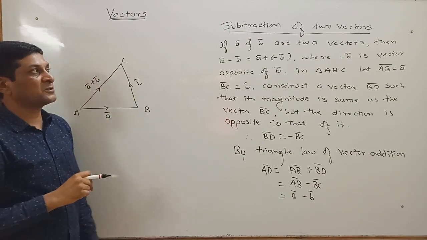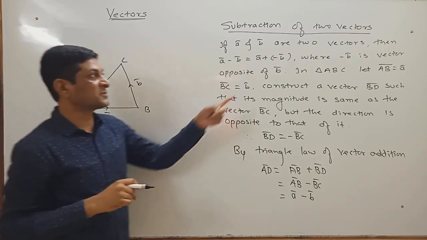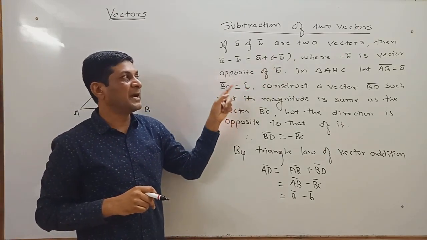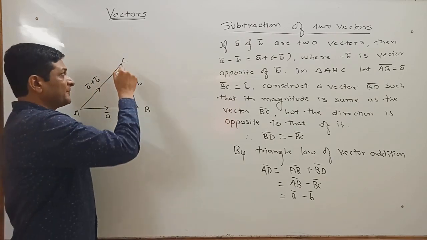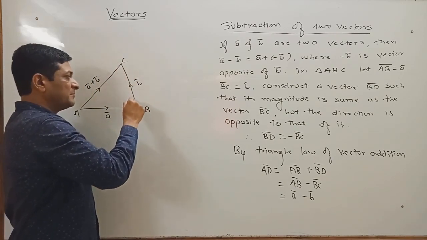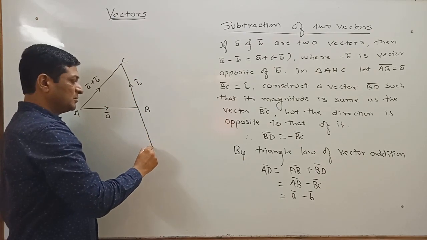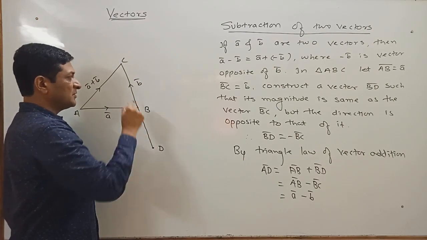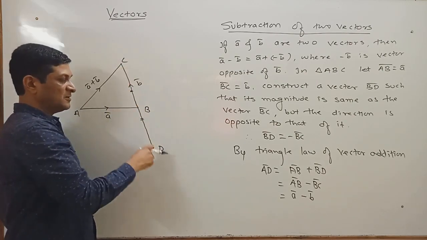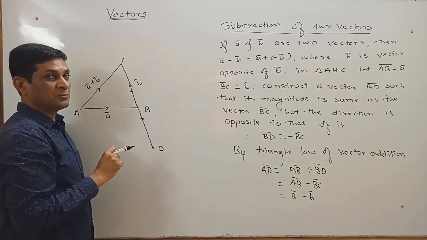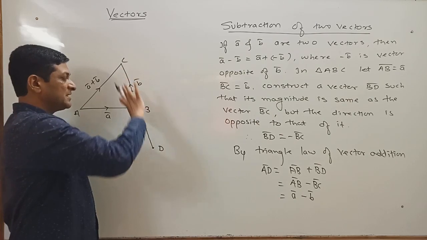But we have to find subtraction, so we need which vector? Minus B bar. Minus B bar is nothing but a vector which is opposite of B bar. So I am extending this side BC to the point, say D, in such a way that BC is equal to BD. Why should BC be equal to BD? Means the lengths of BC and BD are equal.